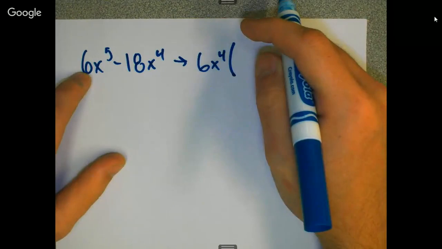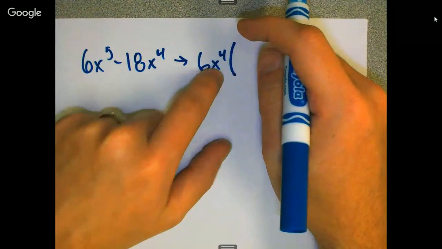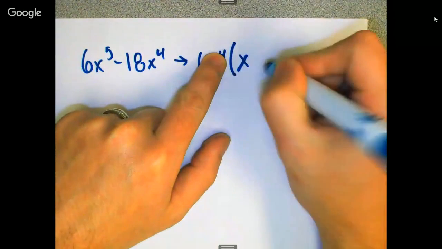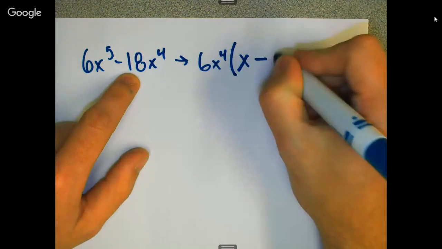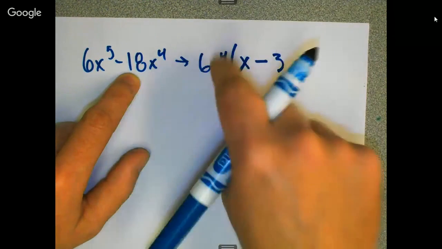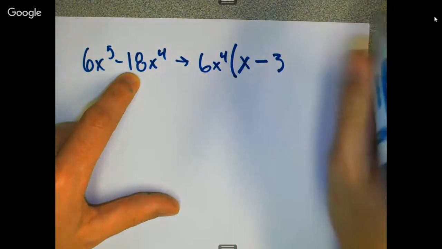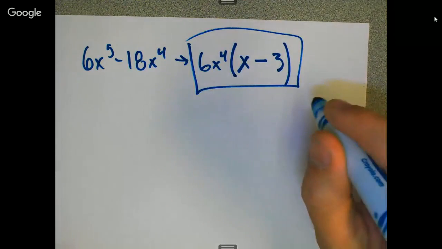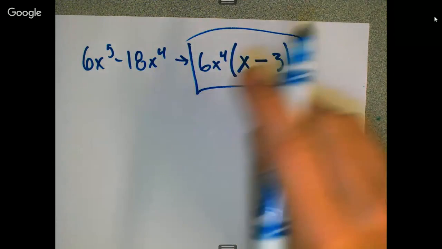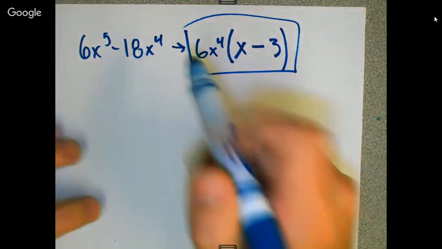Well, if I take 6x to the 5th divided by 6x to the 4th, I only have an x left, minus, if I take 18 divided by 6, that's 3, x to the 4th divided by x to the 4th is 1, and so we are finished. Okay, greatest common factor is super easy, easy to do.